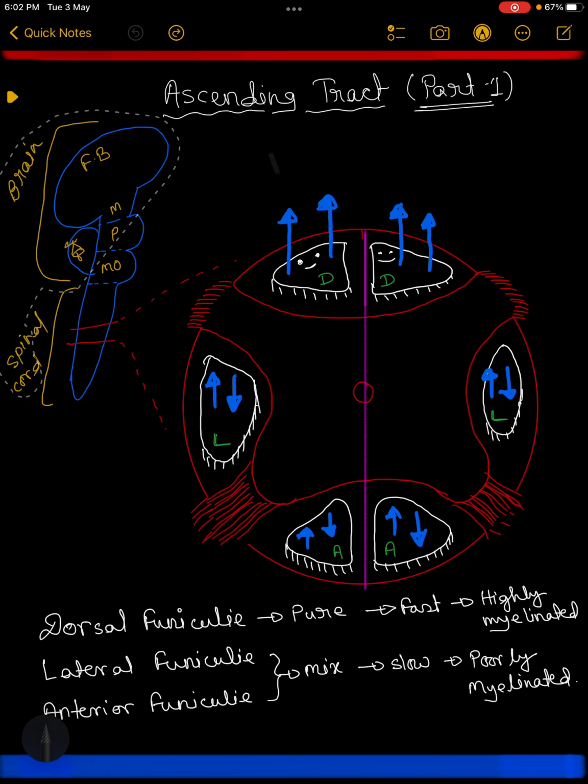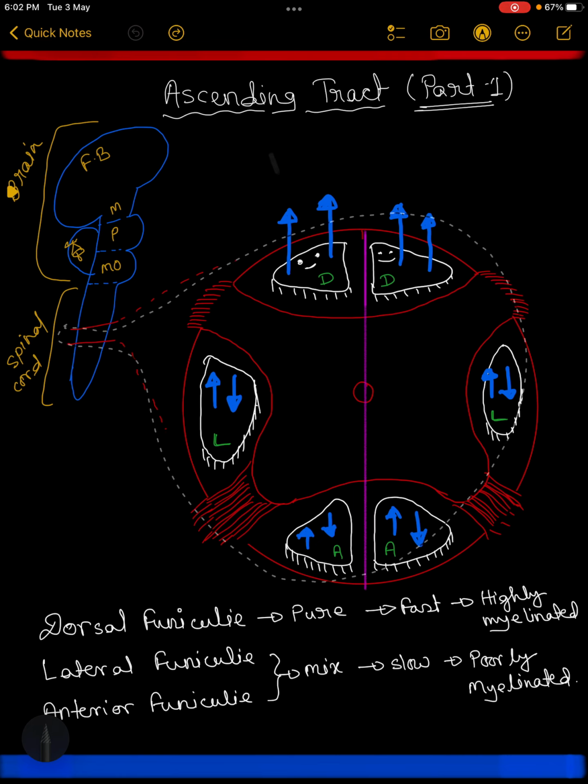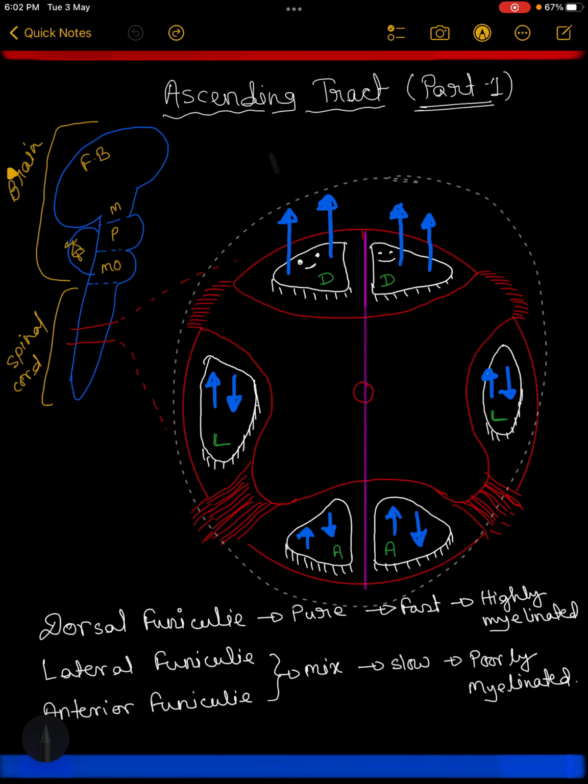So focus here first. Now, you can easily find the spinal cord, and this point is our brain. I hope these structures are now clear to you. Now if we take a segment from this spinal cord and enlarge it, we will end up with this kind of structure.